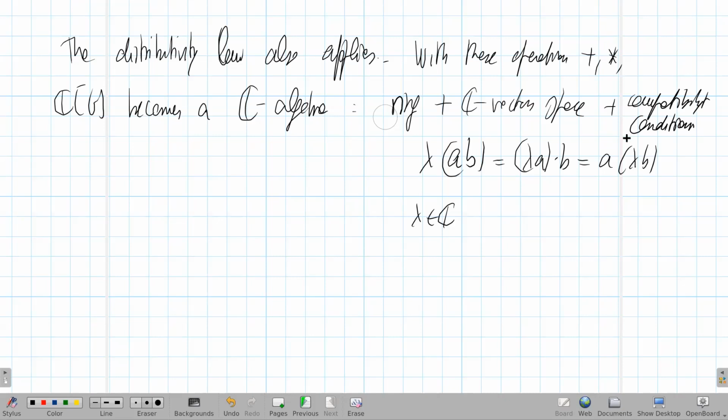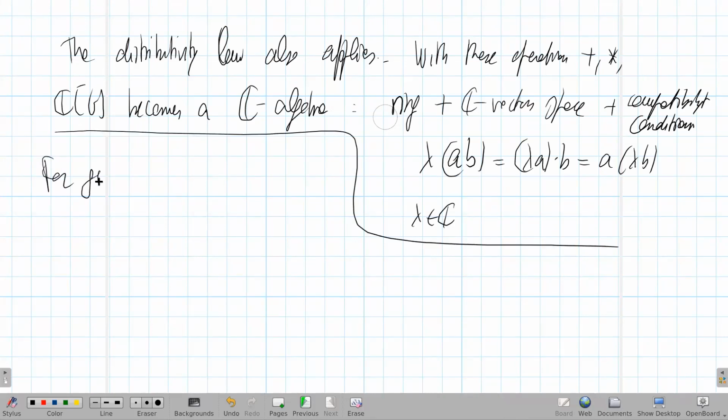Good, and I mentioned a basis earlier, and here's your basis. For g in G, consider the maps, the elements of CG, which, recall, are just maps from G to C, defined as follows: delta g is the Kronecker delta, okay?